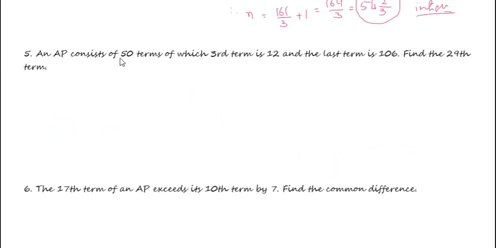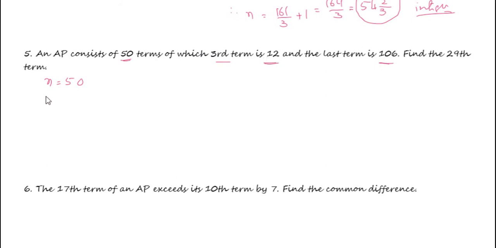An AP consists of 50 terms, of which the third term is 12 and the last term is 106. Find the 29th term. An AP consists of 50 terms, so here n equal to 50. First, the third term is 12.